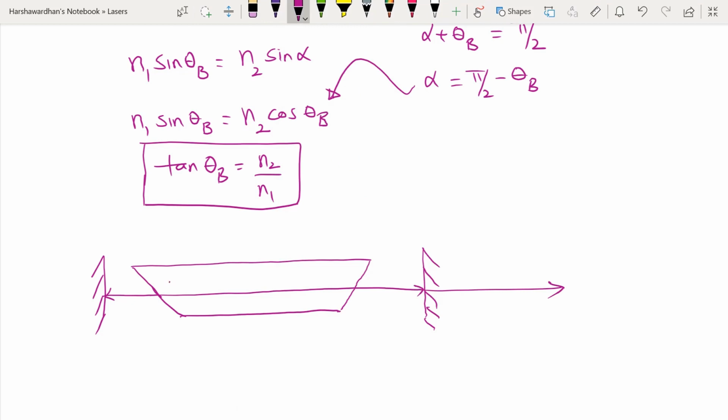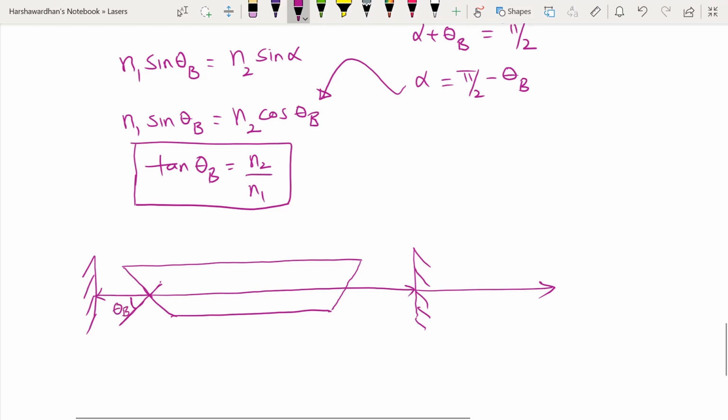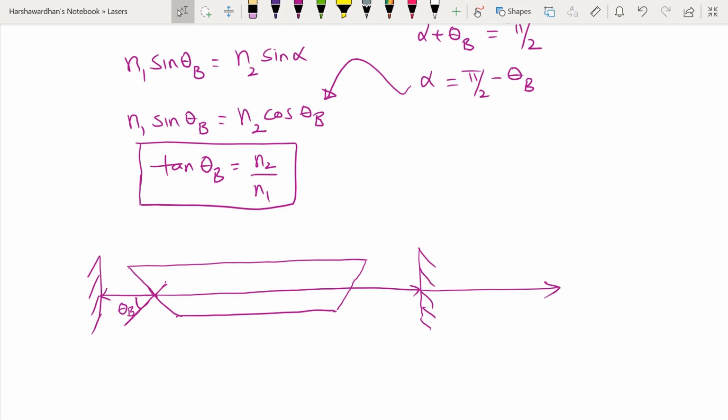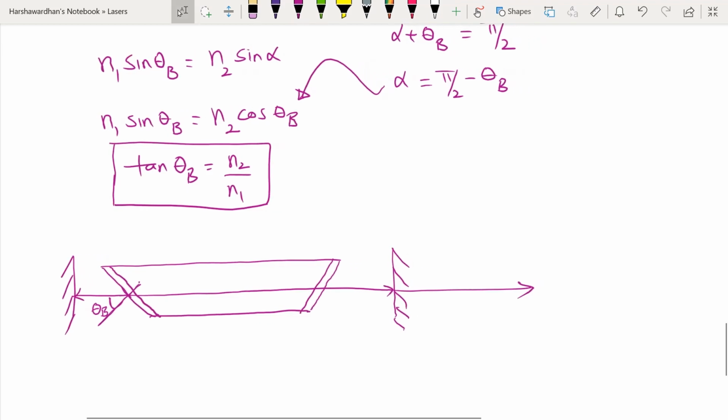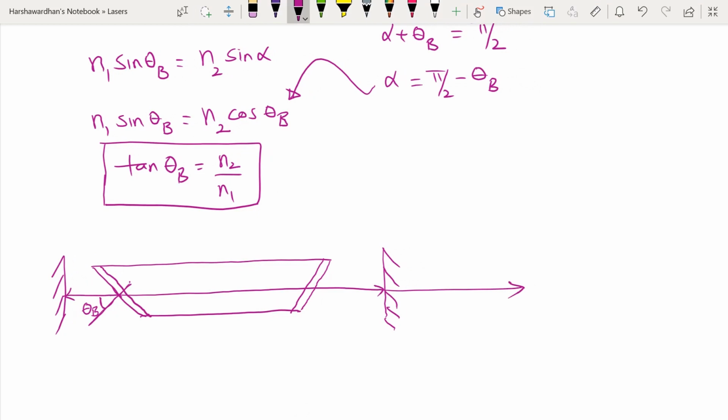This window is such that the light beam makes the angle theta Brewster with it, right? So once I fix these values of N1 and N2, which is the refractive index of the outside medium and the refractive index of the window of this gain cell, for example, this angle which it makes is such that it makes the angle theta Brewster.